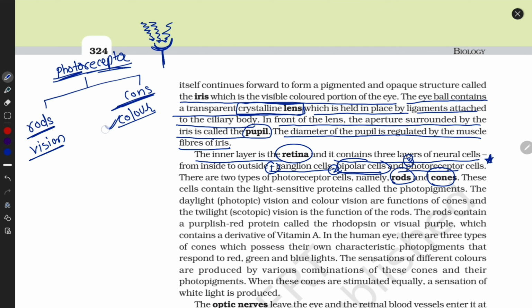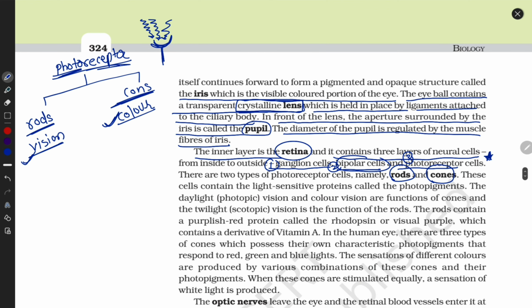Cones distinguish color better, red color, blue color. They are also useful in vision, no doubt. Basically they are used for vision and color identification.